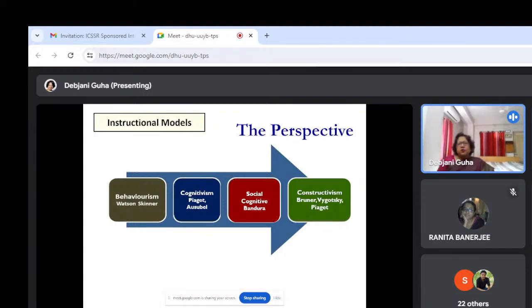Another beautiful model was provided by Albert Bandura, that is social cognitive learning or vicarious learning theory. Here he emphasized the importance of observation, imitation, and modeling in the learning process. And finally, constructivism has come into the field.